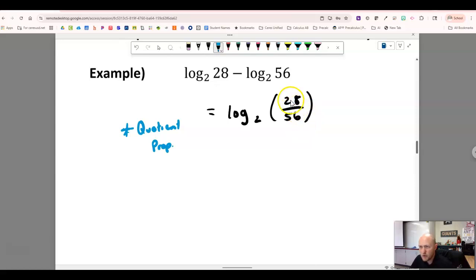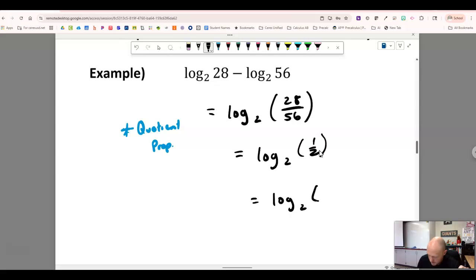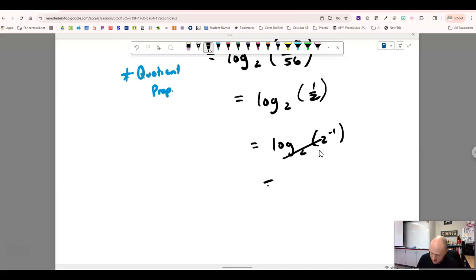And 28 over 56, that is 1/2, so I can simplify this. I get log base 2 of 1 over 2. And I notice, hey, 1/2 and 2, those are pretty close, so can I rewrite 1/2 as base 2 to simplify this even further? And sure enough, I can. That's 2 to the negative first. So these cancel, and our answer is -1.